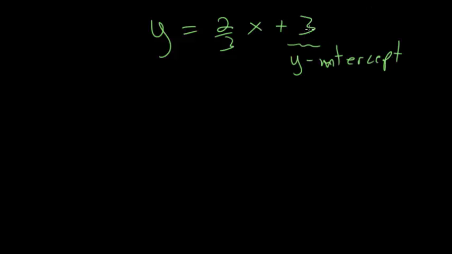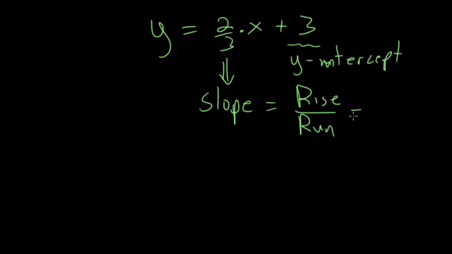And that essentially tells us where the line goes through the y-axis. And then this 2/3, this coefficient on x, is what we call the slope of the line. Remember, it's the rise over the run. How much does the function go up divided by how much it goes over. And in this case, we have 2 over 3. So every time it rises 2, it will go over 3 units to the right.